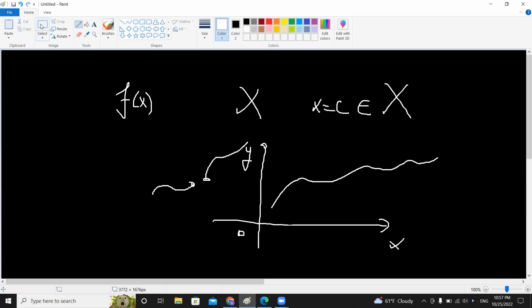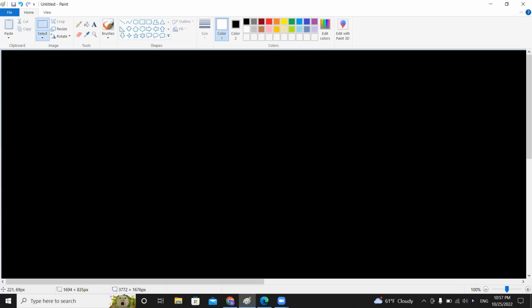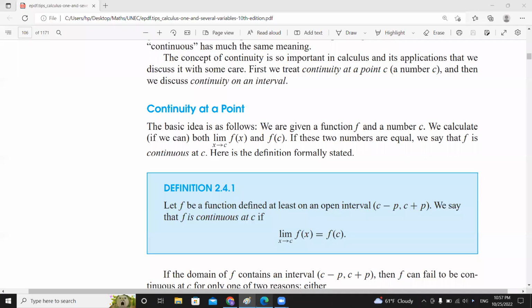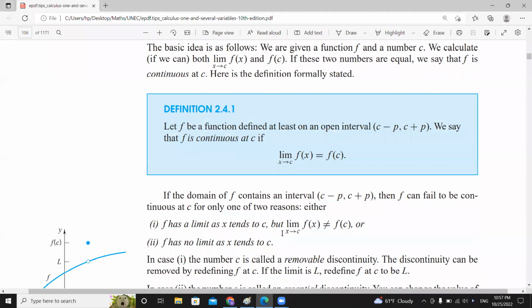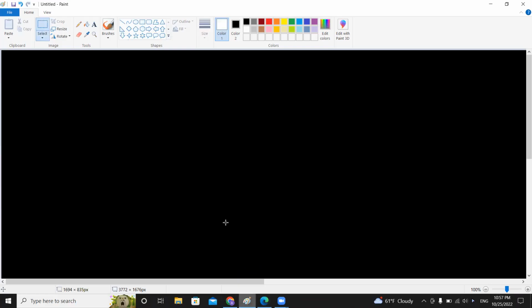Let's try to understand the definition. By definition, let f be a function defined at least on an open interval (c minus b, c plus b). We say that f is continuous at point c if the limit value corresponds to the function value at c. What does it mean?